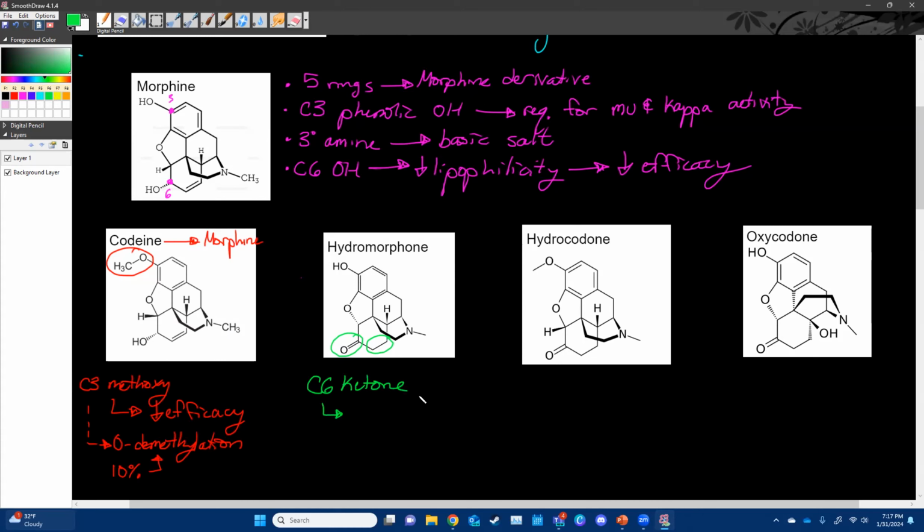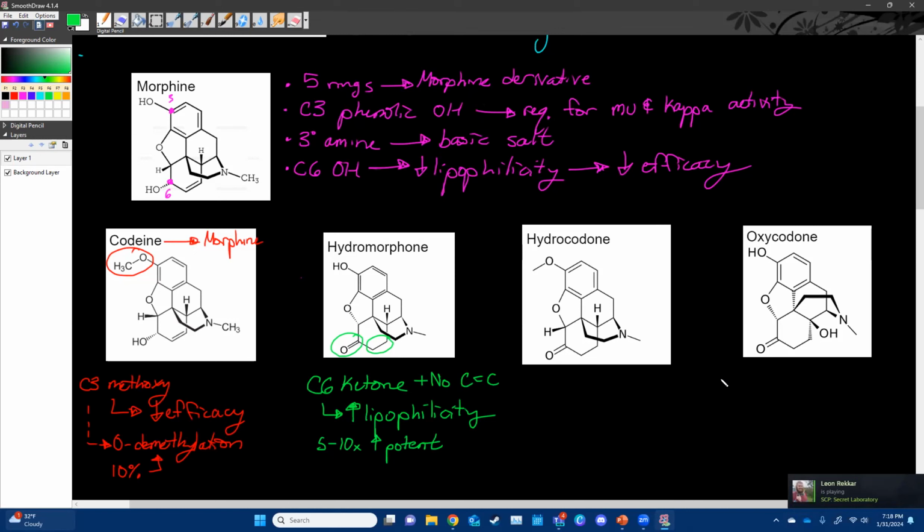Unlike an OH, having this ketone plus no double bond increases lipophilicity greatly. In fact, because of the lack of OH on C6, we now have a 5 to 10 times more potent drug.